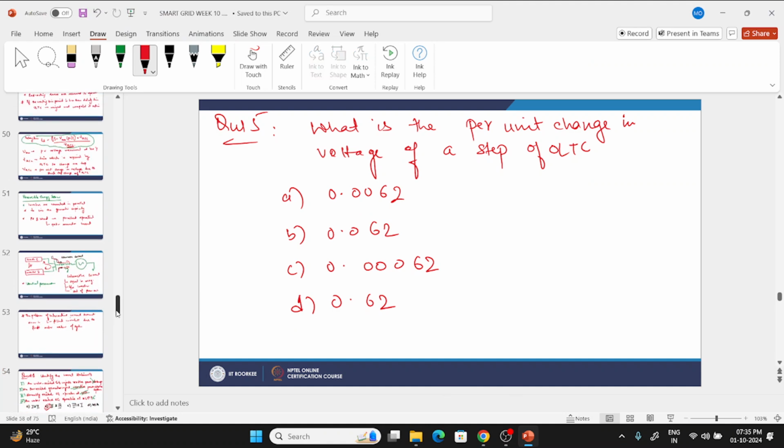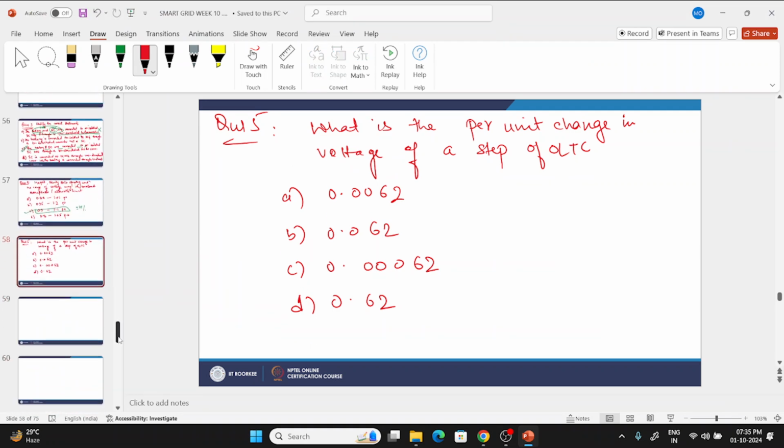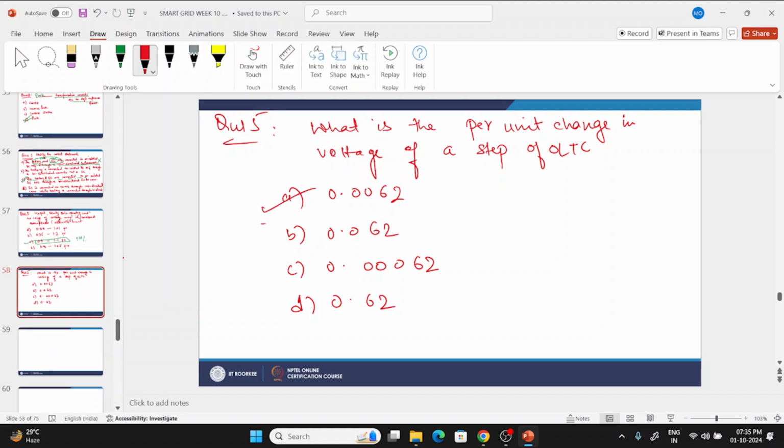I have just told you about this. For the per unit, each step is 0.0062. Okay.